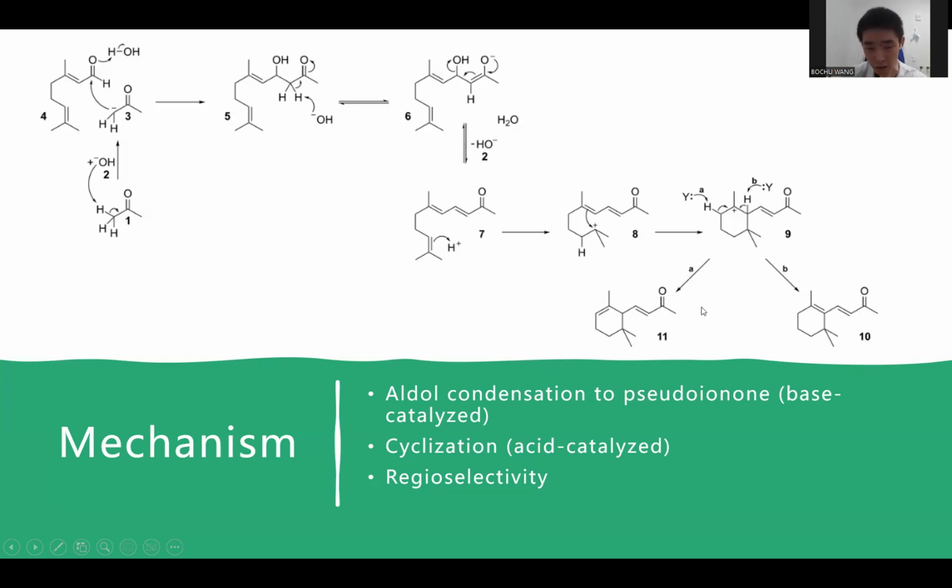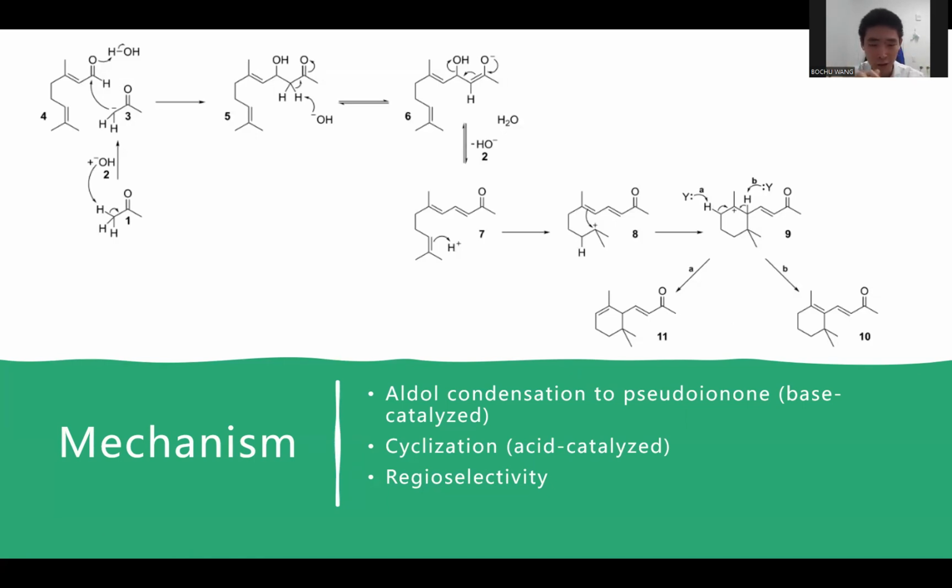While the alpha ionone, on the other hand, is the kinetic product, because it is produced from the deprotonation of the less sterically hindered carbon, which is over here. So you can control the regioselectivity of which compound you want to get by using different types of acid catalysts. So that is why this reaction is so beautiful.